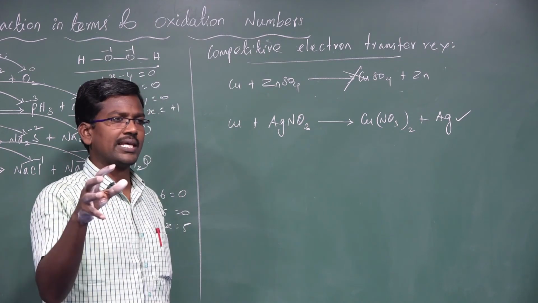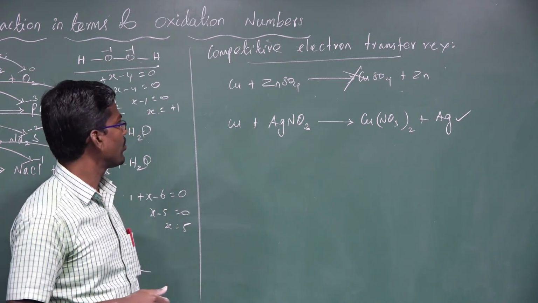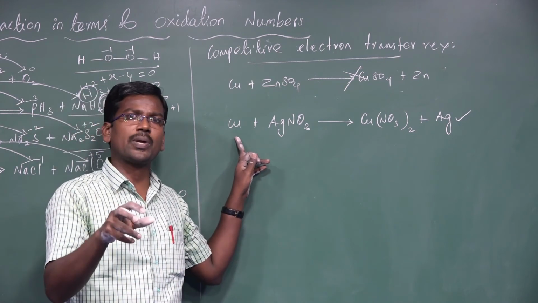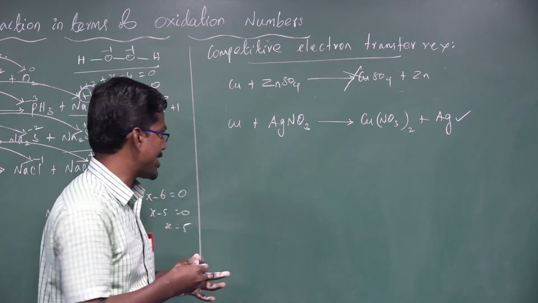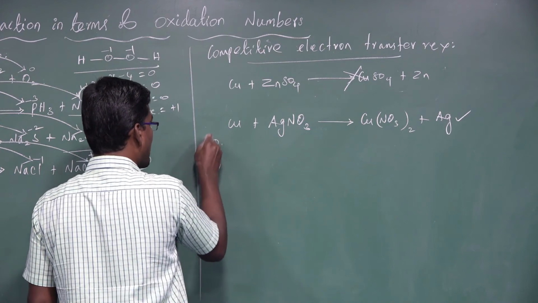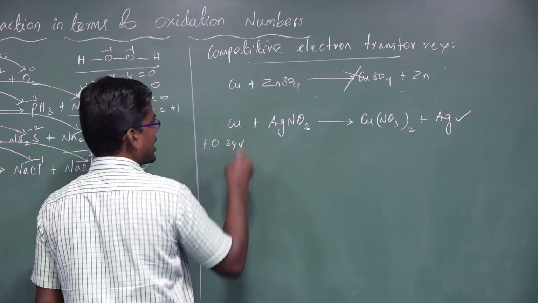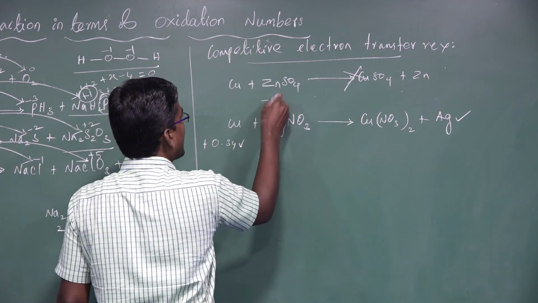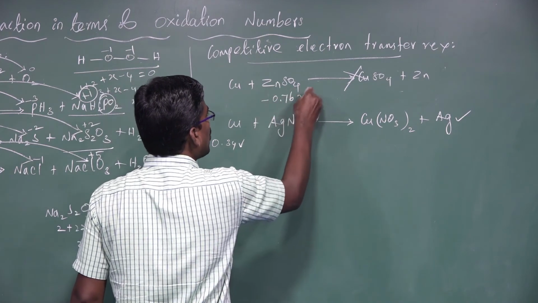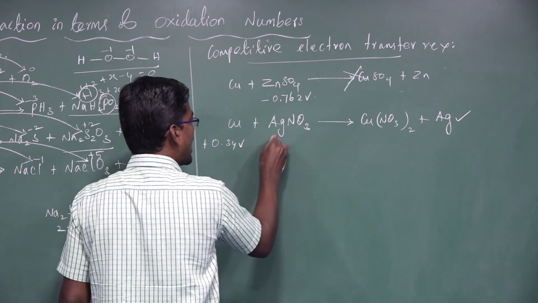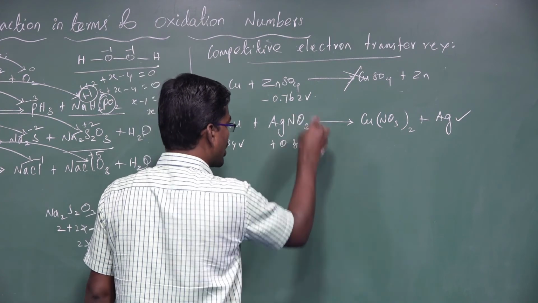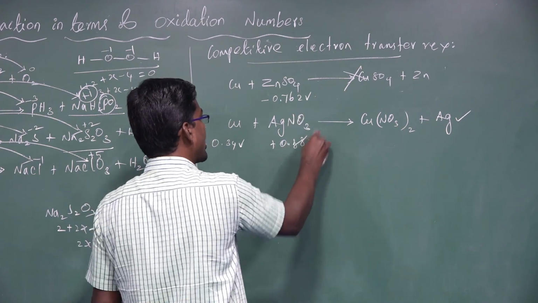For example, according to the electrochemical series, the reduction potential of copper is plus 0.34 volt. Zinc is minus 0.762 volt. Silver is plus 0.88 volt.